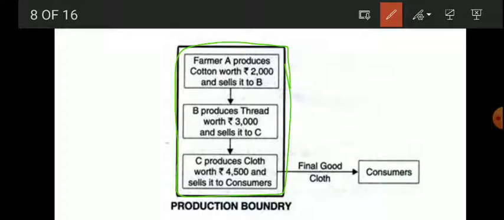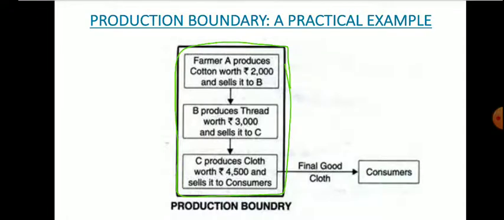Because here, farmer A produces cotton, and its worth becomes, suppose, 2000 rupees, and then farmer A sells it to producer B. Now, producer B uses this cotton as raw material and produces cotton thread, and now its worth is rupees 3000.